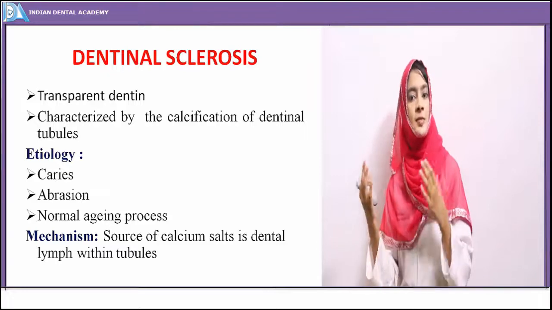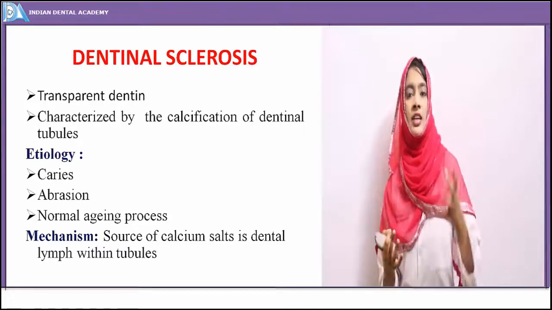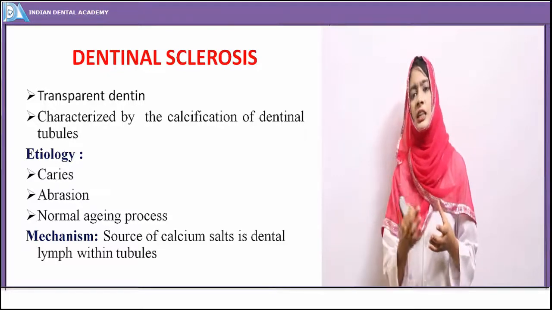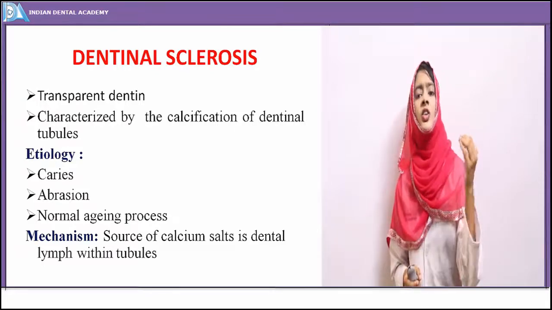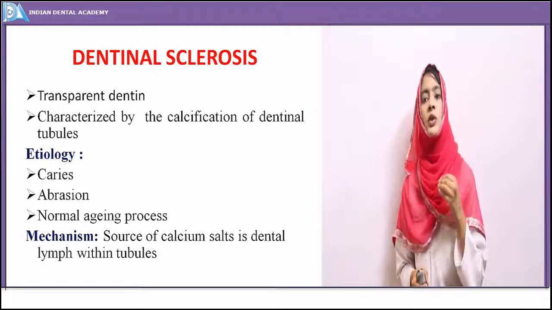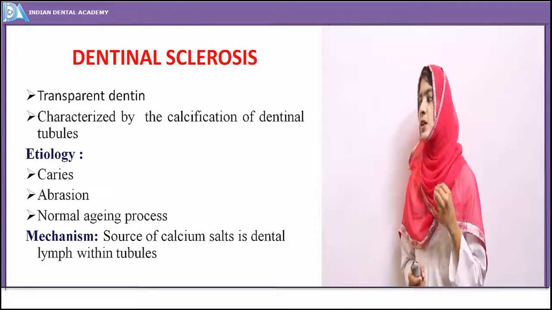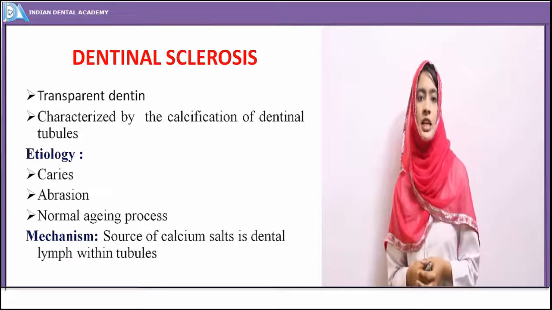From where are the calcium salts entering the dentinal tubules? We know that odontoblastic processes have a fluid within them. That fluid is the source of calcium salts for the dentinal tubules.